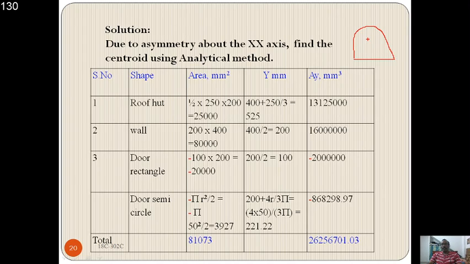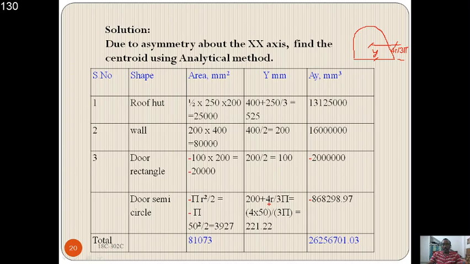For the semicircle, the centroid is 4r by 3 pi. Here it will be 4r by 3 pi. So 4r by 3 pi is the centroid of the semicircular area from its base.